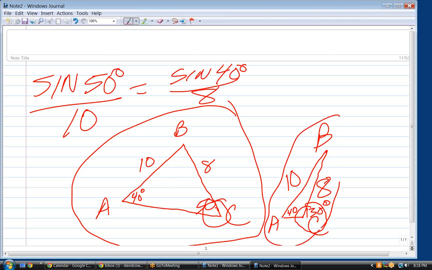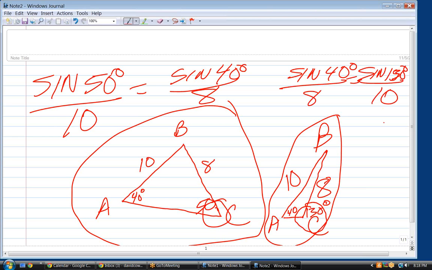And over here, this one says the sine of 40 degrees divided by 8 equals the sine of 130 degrees divided by 10. Well, why is that true? It's because the sine of 130 degrees is the same number as the sine of 50. So there's no conflict. Now, there's a hard way and an easy way to determine whether or not you have the ambiguous case of the law of sines.